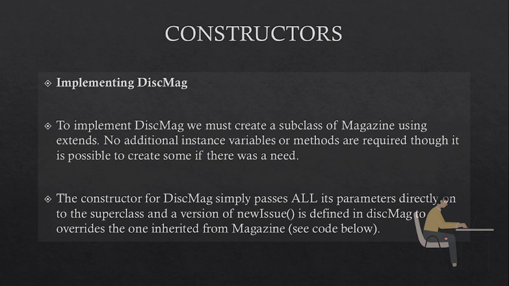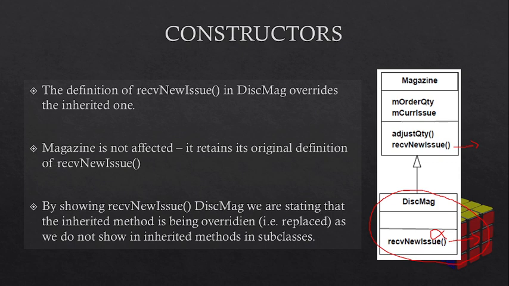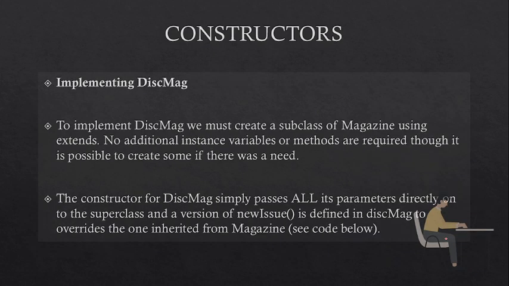Okay, so here, we must create a subclass of magazine using extends. So see, disk magazine will extend magazine, not the publication, but the magazine. Okay, so here, the constructor for disk magazine will pass all of its parameters directly to the superclass, and the version of receive new issue is defined in disk magazine to override the inherited one.